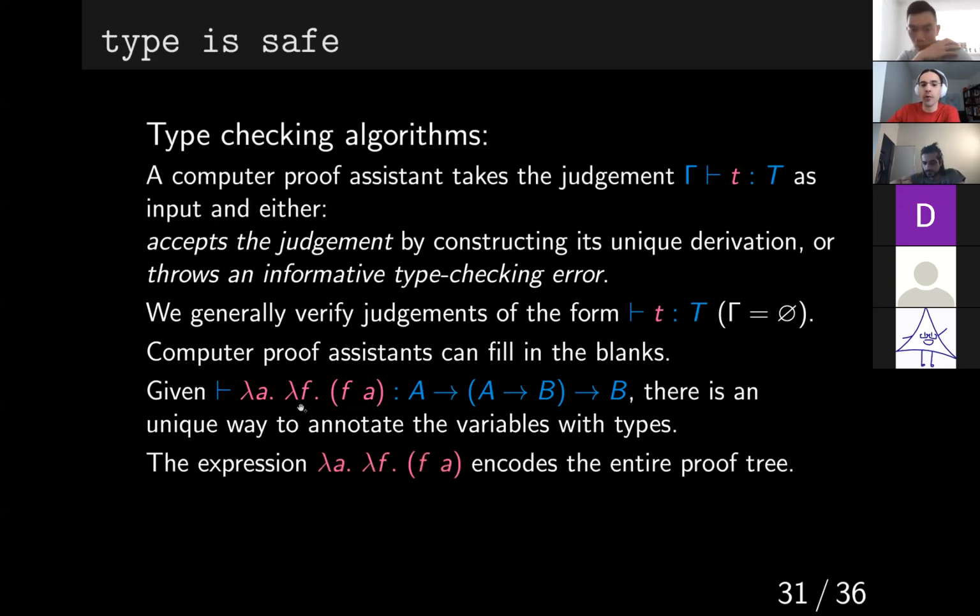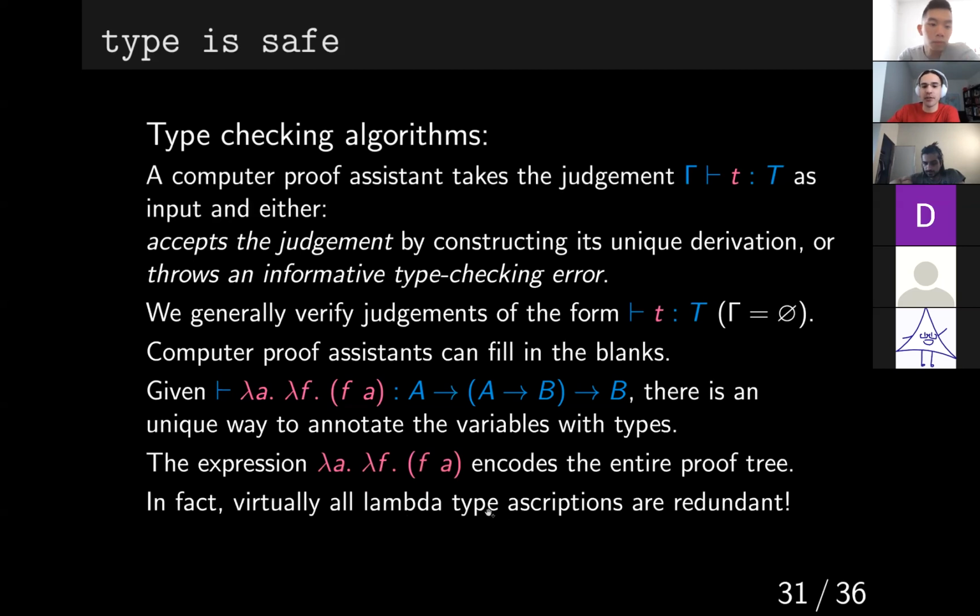So almost virtually every single type description that you write is actually redundant. And for a computer, this expression lambda A, lambda F, F applied to A encodes the entire proof tree. So instead of giving that proof tree that we saw before, you could just give this proof term, and proof assistants would, given this proof term, have enough information to reconstruct the proof tree without any guesswork, just algorithmically and rotely.